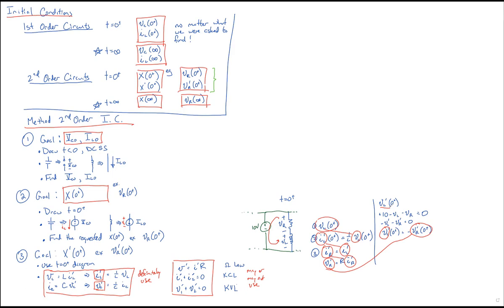So this is why, big picture again, it's important to keep track of what you're asked to find. If you were asked to find for a particular circuit, I sub L prime, you wouldn't need to do any of this. You'd look at this circuit, you'd jump over to these always use equations, you'd find I sub L prime directly from the voltage across it, and you'd be done.